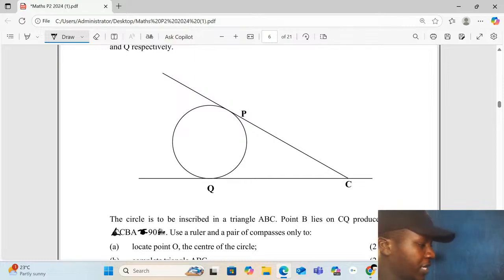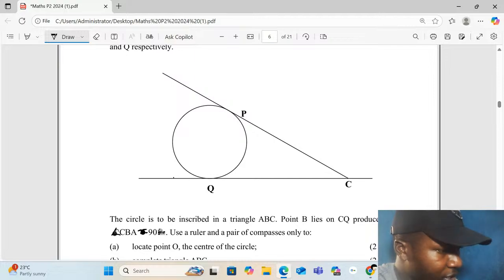Now that point B is 90 degrees on line CQ, and this circle is inscribed, therefore we are going to have this. You draw a line that is 90 degrees to this.